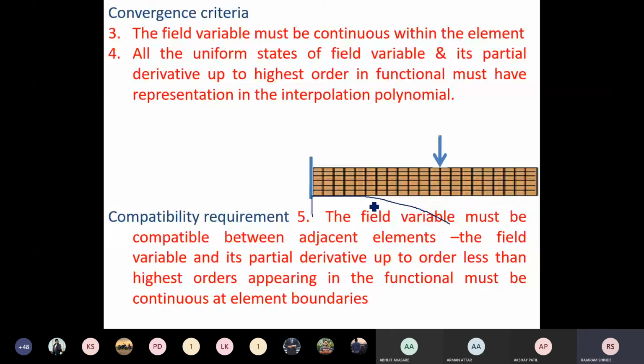If it is not compatible, then there may be a gap in the interpolation, a gap in the deflection. That means if there is a gap, then it will be like this. We agree with this. That means here if we plot the variation of the elements, there may be a gap or overlap between the variation of the field variable. Do you remember this concept?